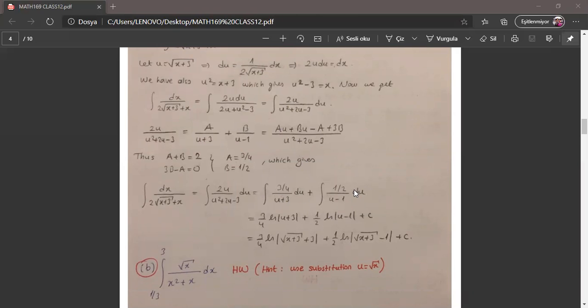So we have this one now, okay? And you know how to integrate it. It's easy. You need to obtain something in terms of x, right? As it's the given integral. So you need to write instead of u the square root of x plus 3. Don't forget that. So here we have the result.